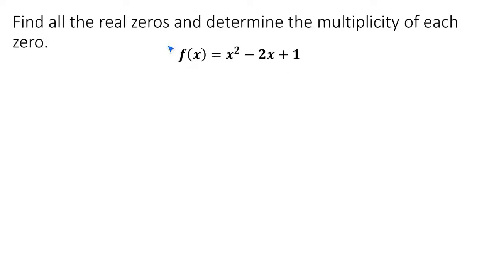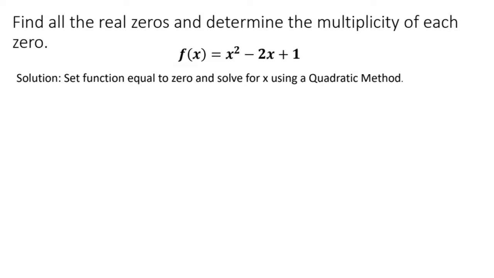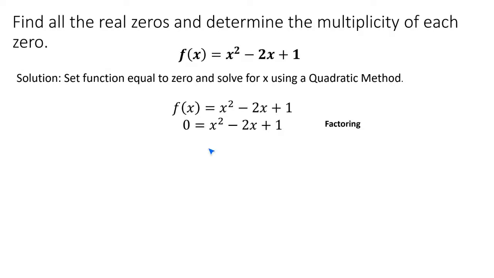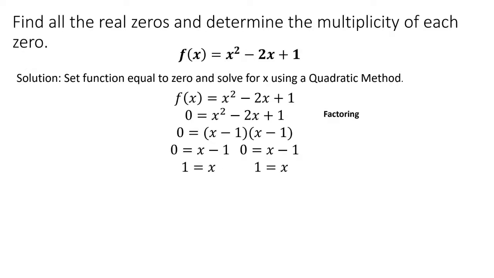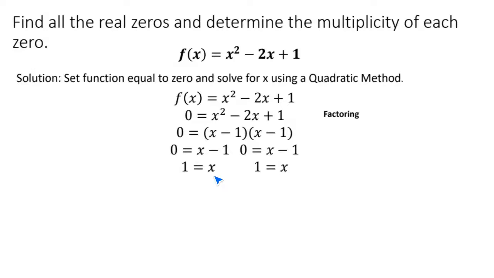Find all the real zeros and determine the multiplicity of each 0. So to find the zeros, remember we said, and I'm going to try to factor. So here I'm going to factor x minus 1, x minus 1. And if I solve for x, I get x equals 1 and x equals 1. So what is the multiplicity of x equals 1? In other words, anytime you hear that word, they just want to know how many times did that 0 occur.